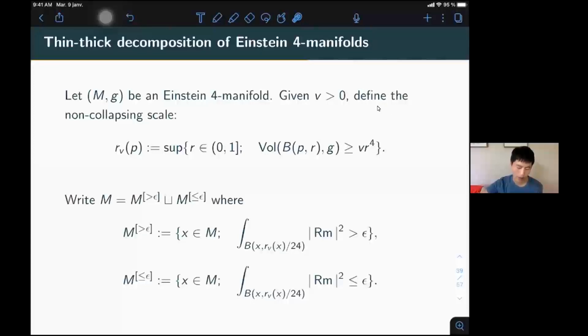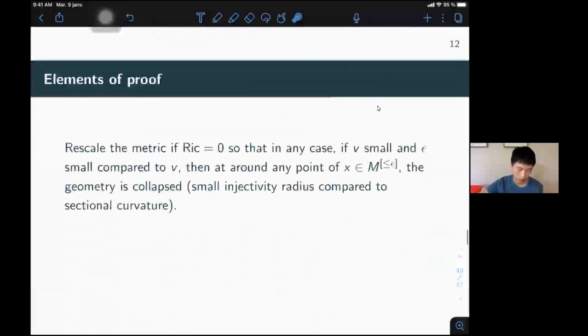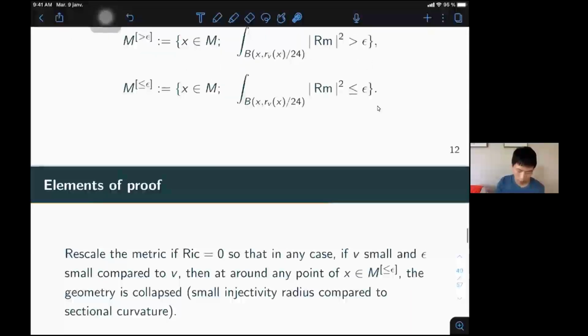So what do I mean by that? The one detail is that if the Ricci curvature is 0, you want to rescale your metric so that it becomes very small, so that the following will be true. You can guarantee that if V is small, and also if epsilon is small compared to V, then around any point in the so-called thin part of your manifold, the geometry is actually collapsed in the sense of Cheeger-Fukaya-Gromov.